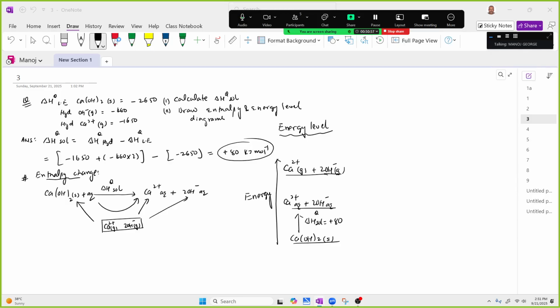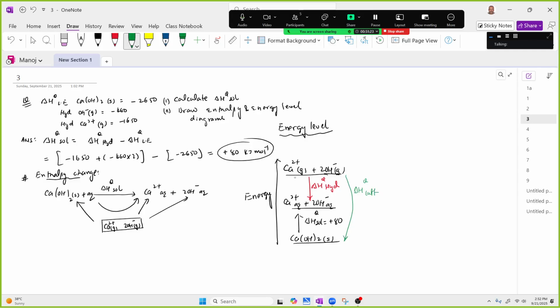And then hydration is always from gas to aqueous. So this is your delta H hydration. And your lattice is always from gas ions to solid. So gas ions to solid. This is delta H lattice.